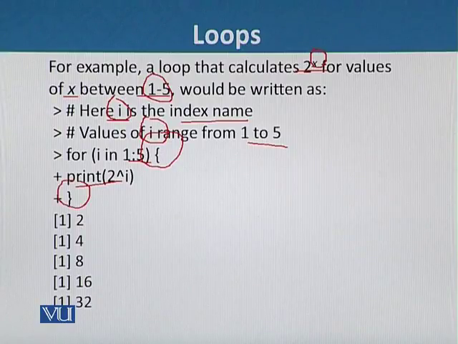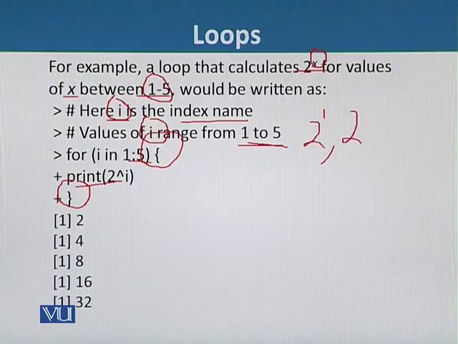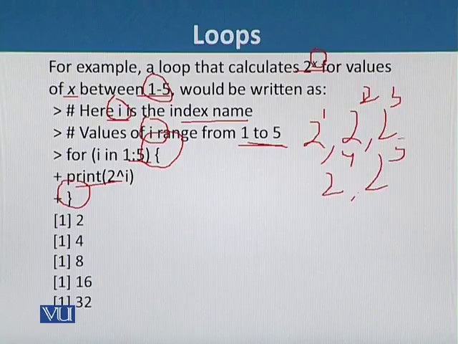When we write the command this way, it means that the command will be repeated several times. First it will be 2 raised to power 1, then 2 raised to power 2, then 2 raised to power 3, 4, and the last is 2 raised to power 5.